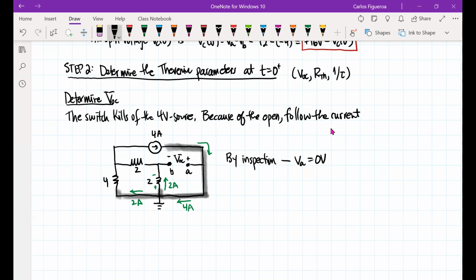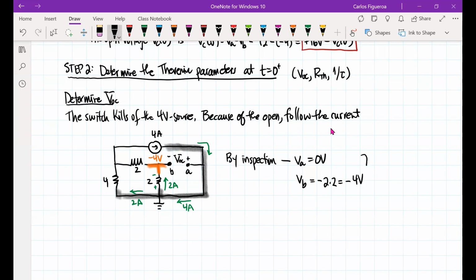Then when I look at node B, this node has to be minus 4 volts. If I'm a little more detailed, we see by inspection that VB has to be minus 2 times 2, which is minus 4 volts.